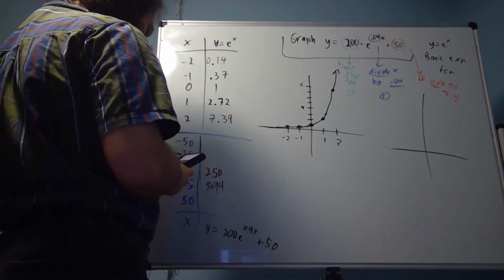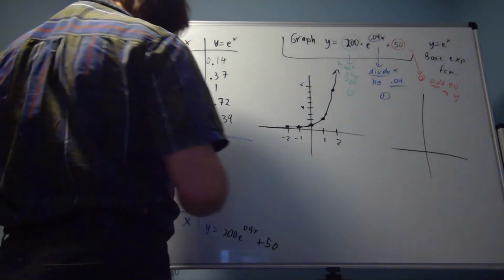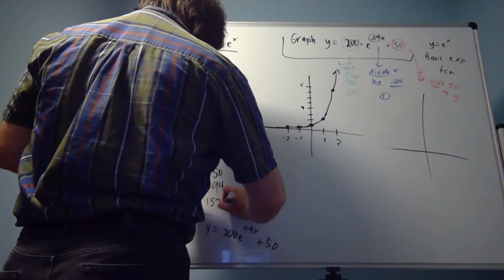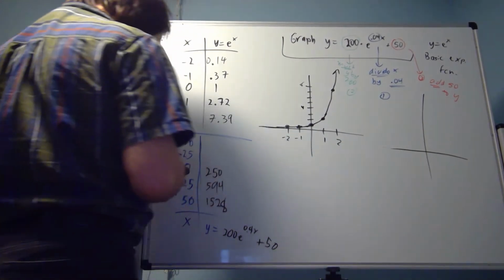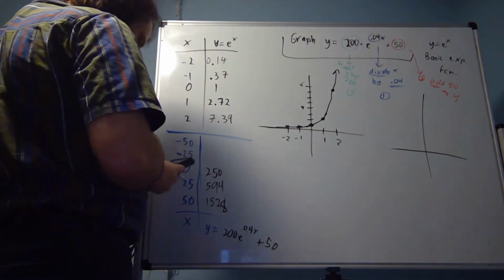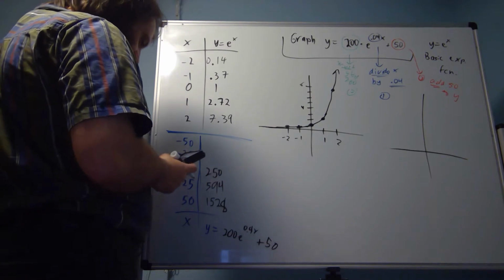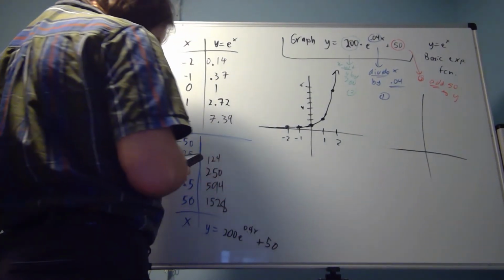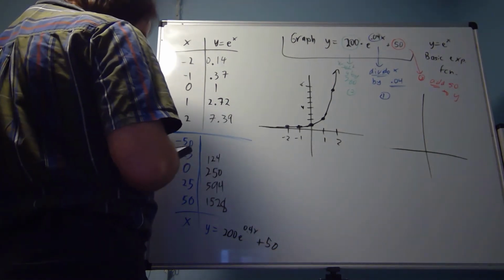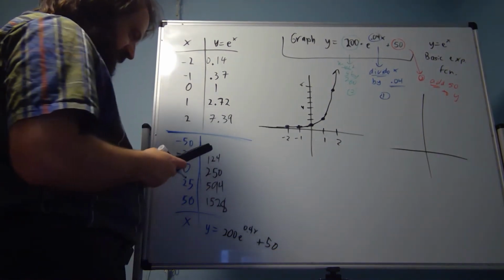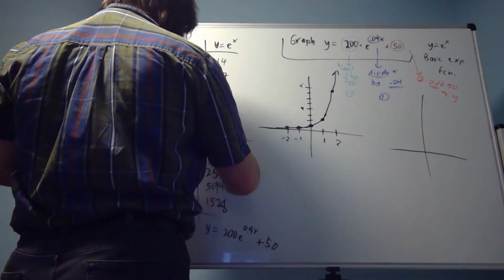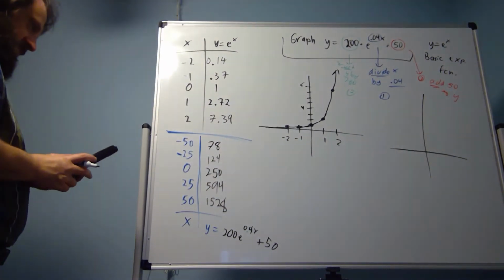Then 0.37 times 200 is 74, and then plus 50. And then finally 0.14 times 200 plus 50 is that right there, 78.